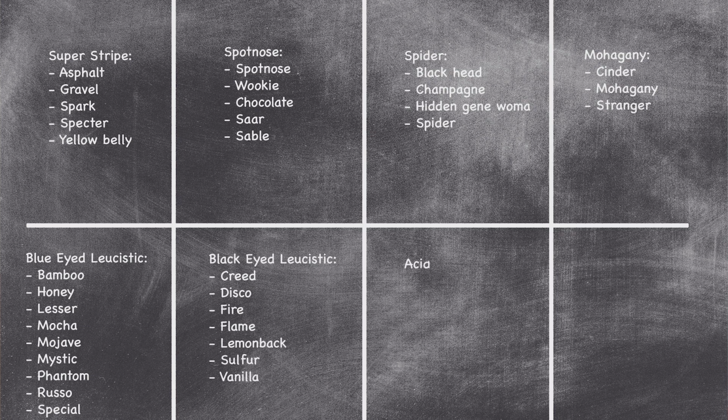In the acid complex, we have acid, confusion, and static. And in the 8-ball complex, we have black pastel, cinnamon, Enchi, Huffman, Jolt, and Razor.